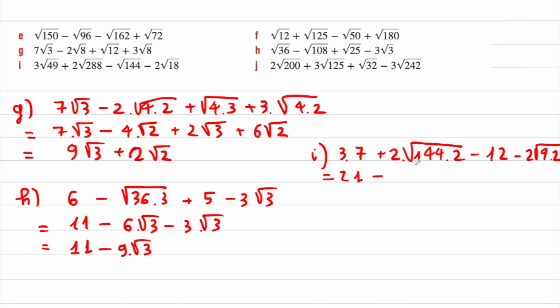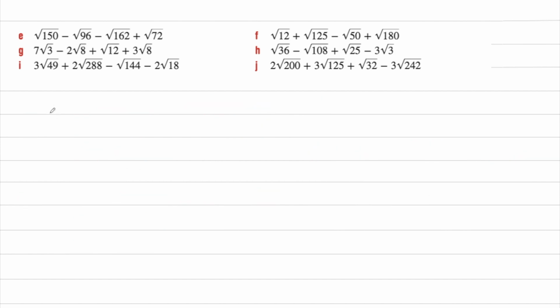Here is 12 times 2, 24. 24 square root 2 minus 12 here, minus 6 square root 2. And 21 minus 12 equals 9. 24 minus 6 equals 18 times square root 2 here. That's question I. The last question is question J.